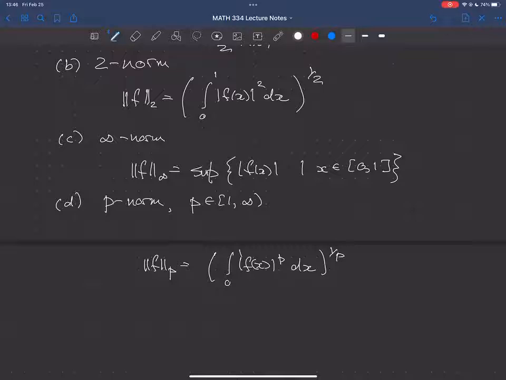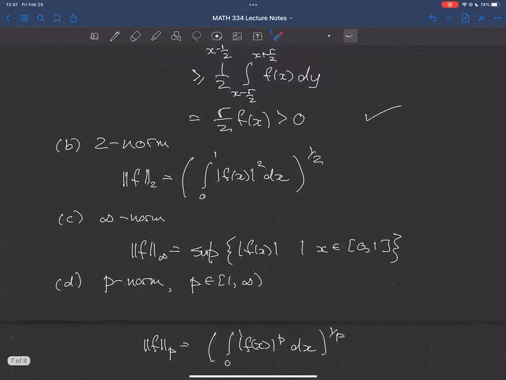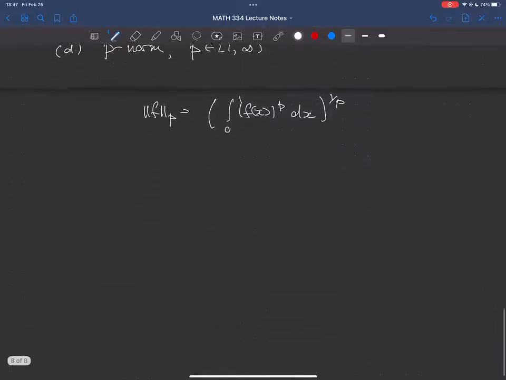And what we're going to do is study in some detail the properties of spaces with norms like this. What are those properties that we might study? Well, there's a primary property of interest when we're talking about normed vector spaces, and that property is the property of completeness.